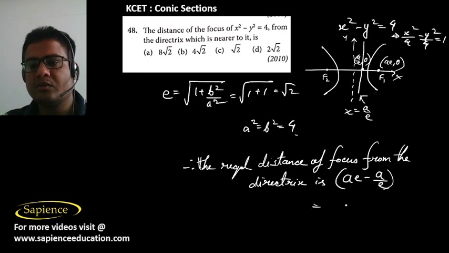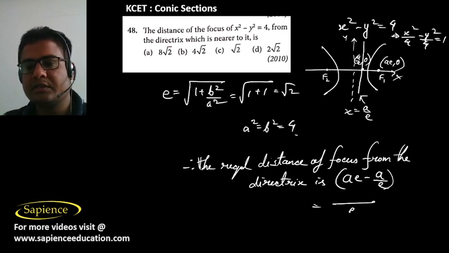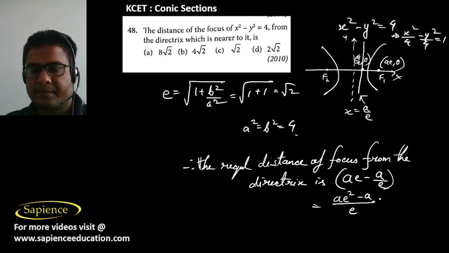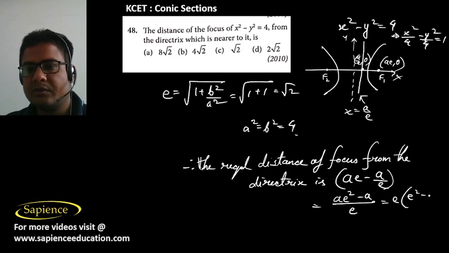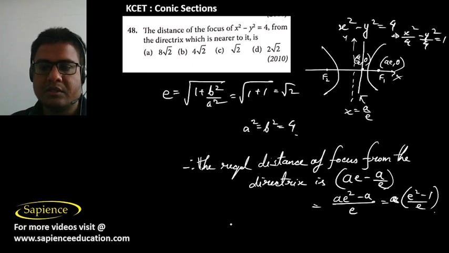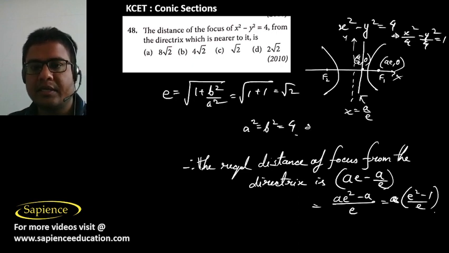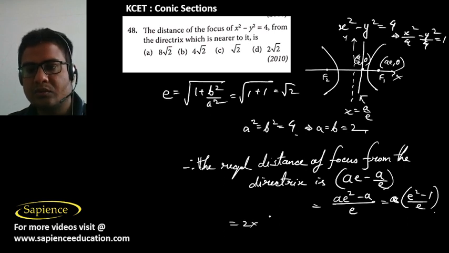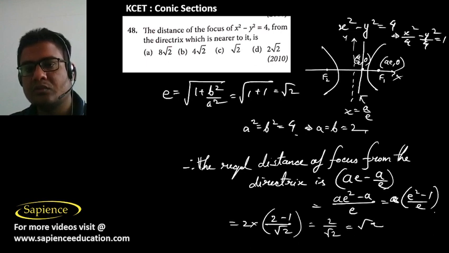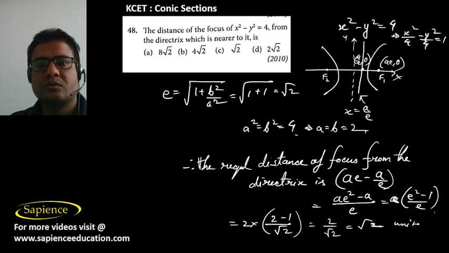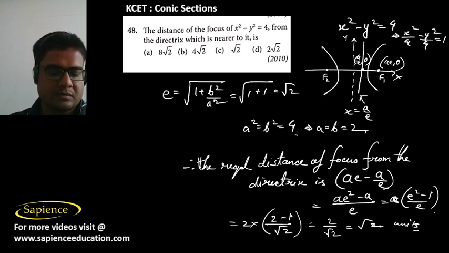If I take e as the LCM, this will be ae square minus a, so this is a into e square minus 1 by e. Now here a is how much? a is equal to b, that is equal to 2. So that will be 2 into root 2 whole square, that is 2 minus 1 by root 2. So that is 2 by root 2, that is equal to root 2 units. So option C is the correct answer.